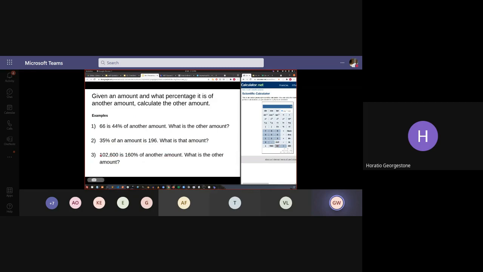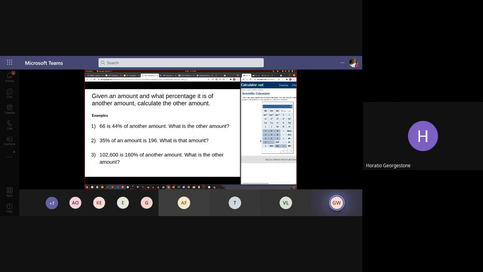Example 3, 102,600 is 160% of another amount. What is the other amount? So again, just a little quick thing to notice, this is 160% of the other amount. So this is more than the other amount. So the other amount is going to be about 2/3 of this. Something like 60,000, 70,000, maybe something roughly in that region.